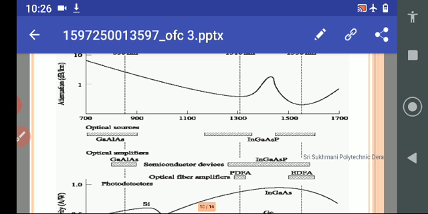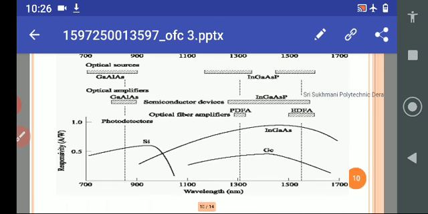So the first curve is the attenuation curve. As is clearly shown, they are giving minimum losses at around 1330 nanometers and 1550 nanometers. Another curve is the responsivity curve, meaning the optical receiver which will sense the light.